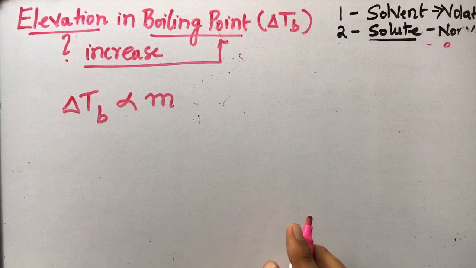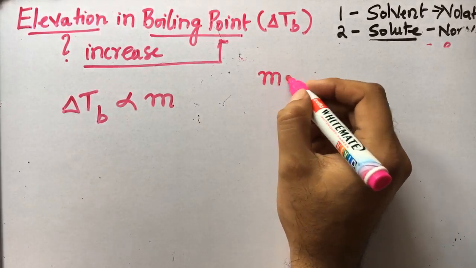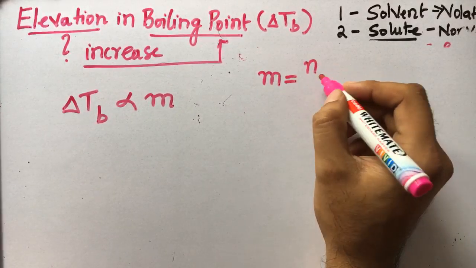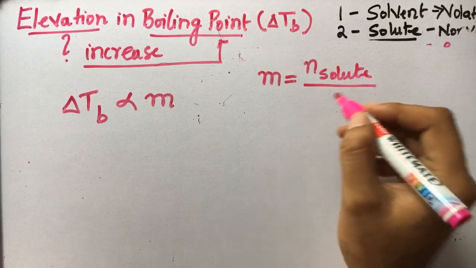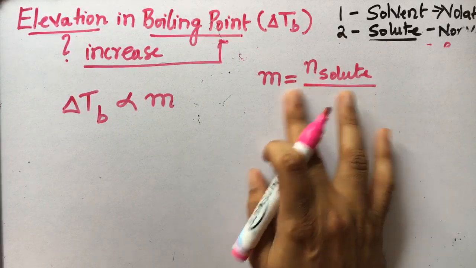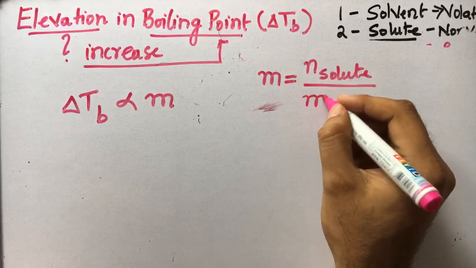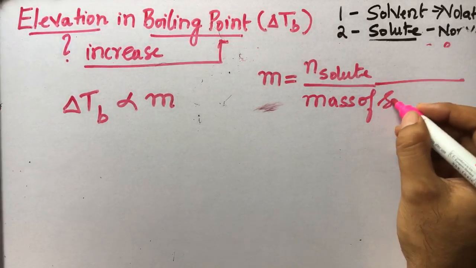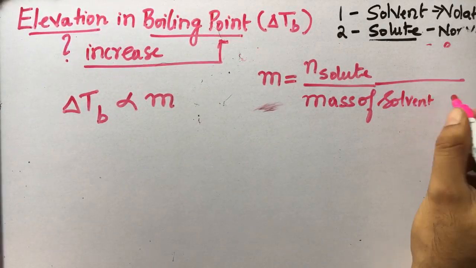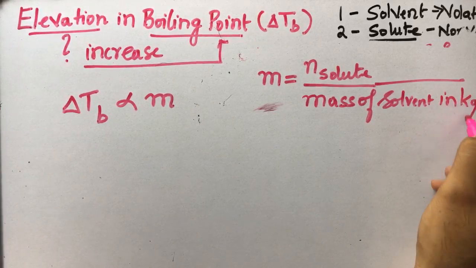You know what molality is; you have studied it in the first part of this chapter. Molality is nothing but the number of moles of solute divided by the mass of the solvent in kg.